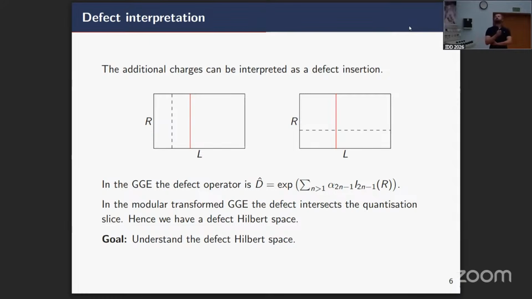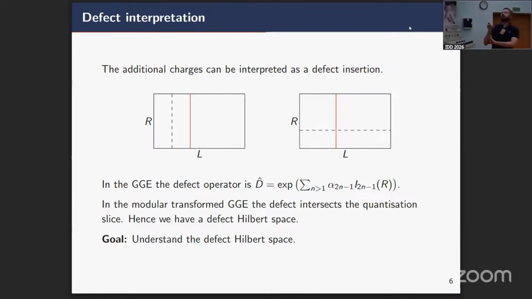Good. So now that we've introduced the charges that we're interested in, I just want to take a brief detour to talk about a physical interpretation for these generalized Gibbs ensembles that will help us have just a little bit of physical intuition of what we're going to find when we try and do this modular transformation.